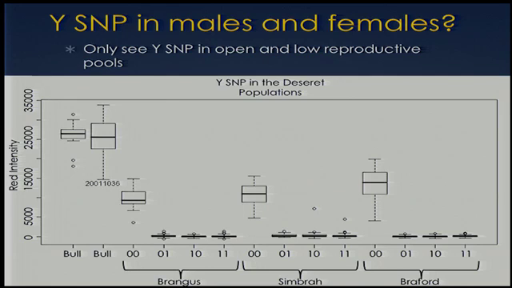And what we saw was that only in the open animals do we see the Y chromosome. So if the animal's pregnant, we do not see it. It's only if they're open we see the Y chromosome. And just to give you an example of comparison, these are two bulls that obviously have the Y chromosome. So it's a fairly high level of Y we're seeing in these pools of open animals.